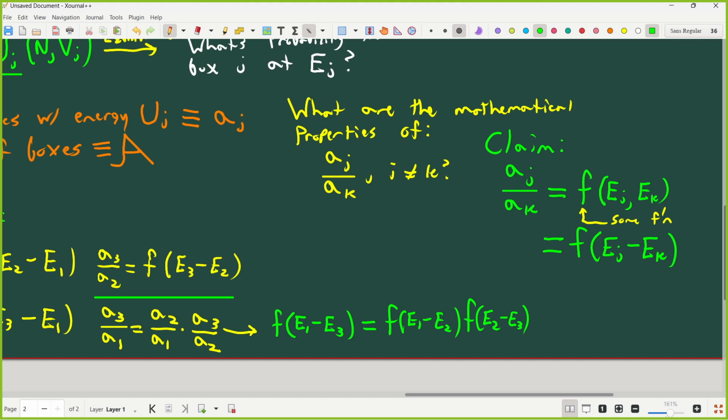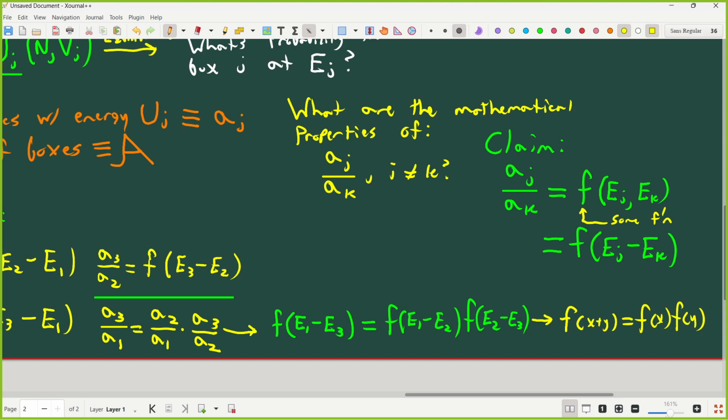In other words, not too hard to think about this with a little bit of algebra, I need a function that when I take 2 values, I sum the values, that I get the product of the function evaluated at each of the values.